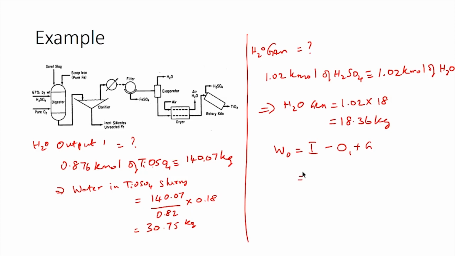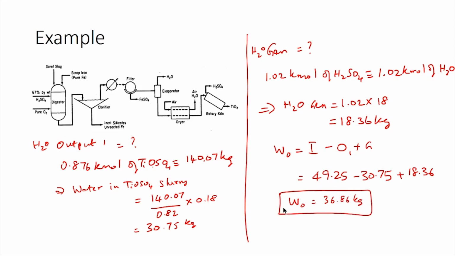The input value is 49.25, output is 30.75 and your generation is 18.36, giving you a total amount of water leaving the system as 36.86 kilograms of water vapor leaving the evaporator. So, with this we have calculated the first part of the problem.